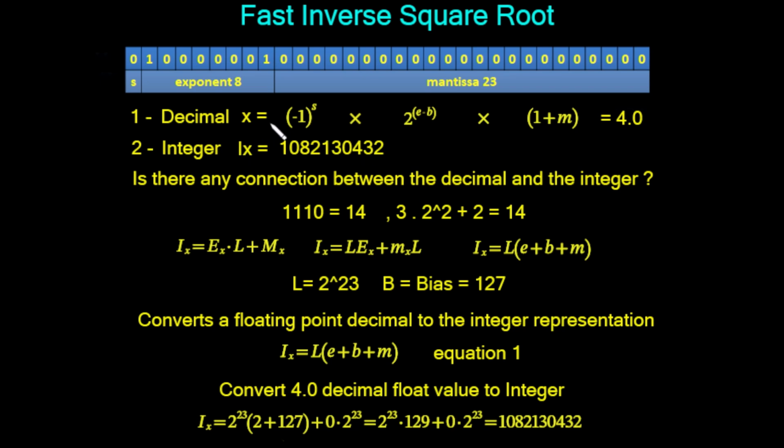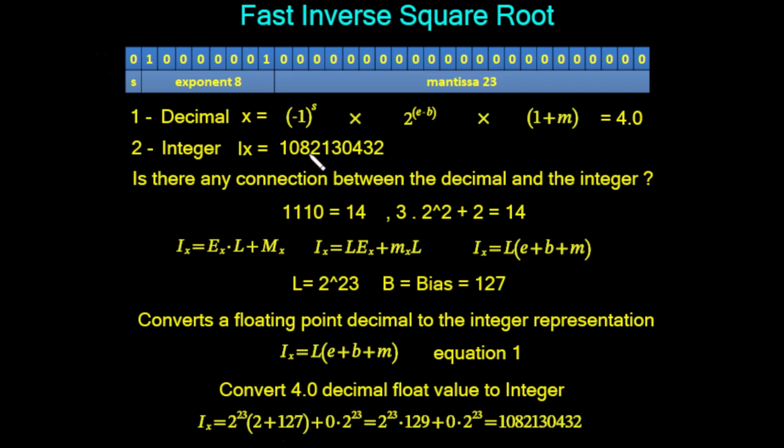This number here in effect is really just very random. We've just decided to take this floating point number and then interpret it as an integer version of a binary number. So it seems really a rather silly thing to do. So the question then is, is there a connection between this decimal number 4 and this integer representation here?